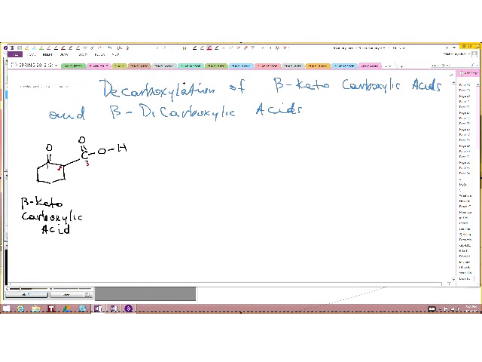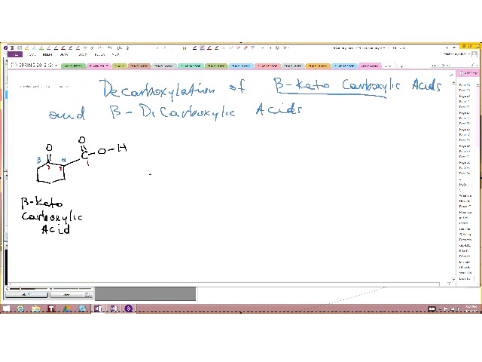Or let me go the other way and call this 1, 2, 3. Relative to the carboxylic acid, this will be your alpha carbon, and this will be your beta carbon. And that is why we refer to this as beta keto carboxylic acid.